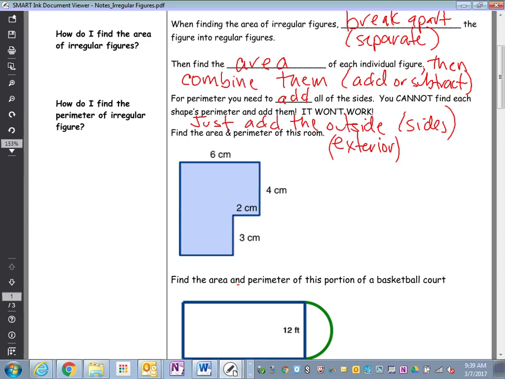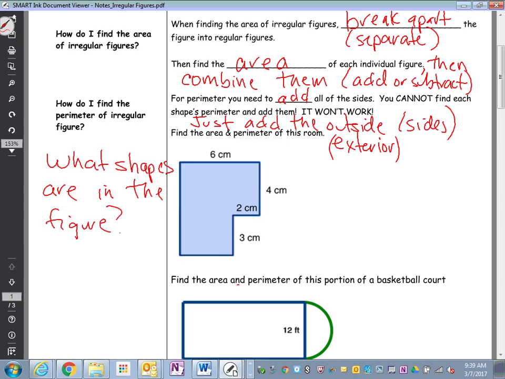Now, here's what I would do. The first thing you need to ask yourself is, what shapes are in the figure?